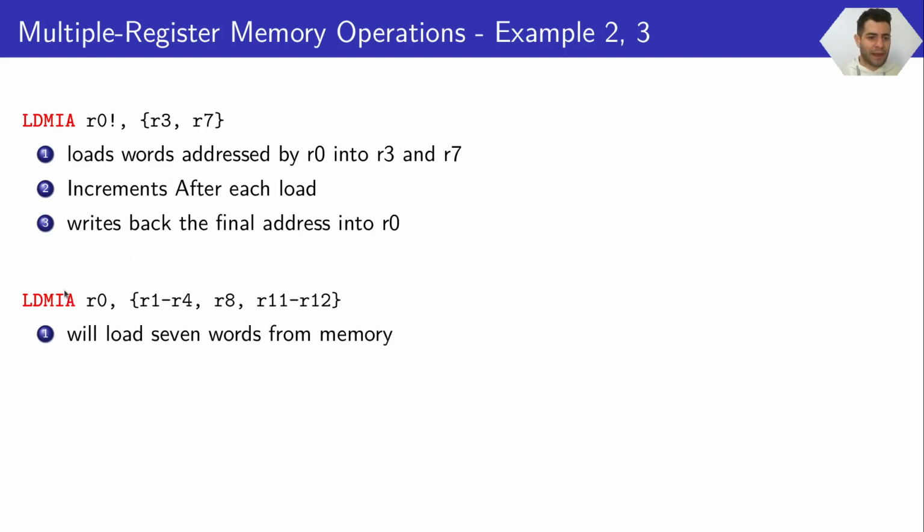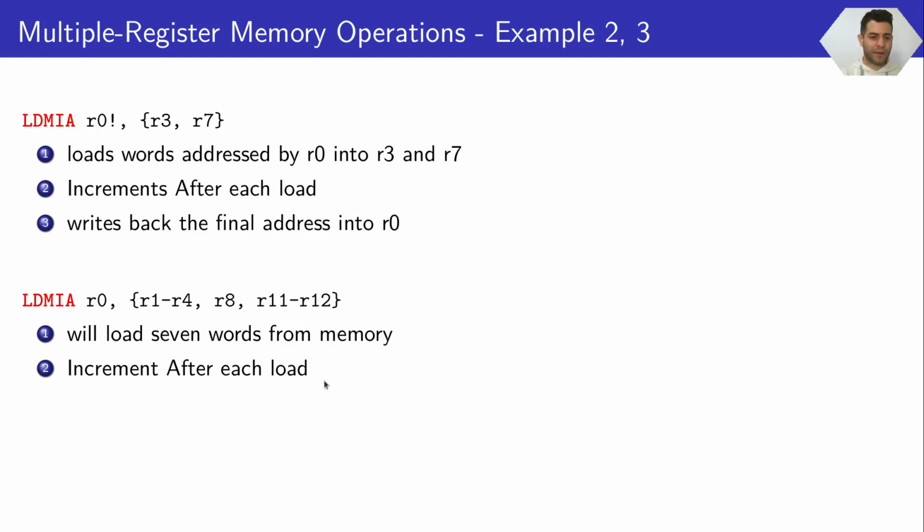Example 3, this is a bit more complicated. Here we have a range, here we have a single register, here we have a range, but this could also be written using a comma, because 11 and 12, you know, they are contiguous, they are in sequence, and this instruction will load 7 words from memory, starting from R0 and incrementing after each load. So R0 into R1, then R0 plus 4, an offset of 4 bytes, 8, and so on and so forth.